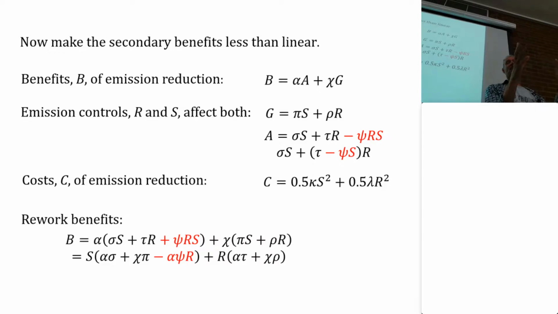But if you have already scrubbers on your smokestacks that take out the sulfur and the nitrogen, then there's very little air pollution left. And therefore, yeah, you can switch then from coal to gas, but if the coal was already relatively clean, then it has little effect on air pollution, right? So that is what this term here captures. That the harder you work on S, the less the effect of R would be, right?